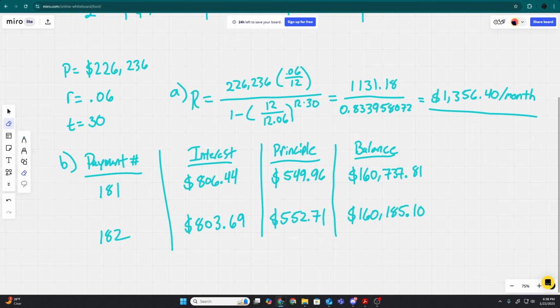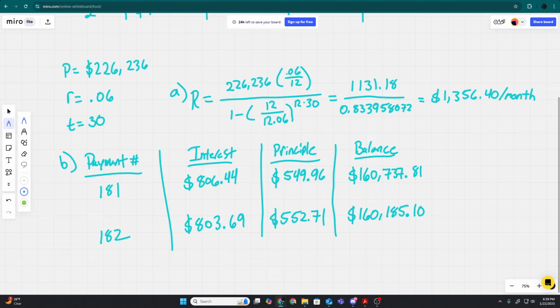So we had to make sure we went ahead and did that first, one, because we needed it for the answer to part A, but we needed that to understand the rest of this. Because if we didn't know the payment, we couldn't really do anything. You need to have the payment and you need to have the balance in order to actually do this. So you need both of these to help us find all the pieces.